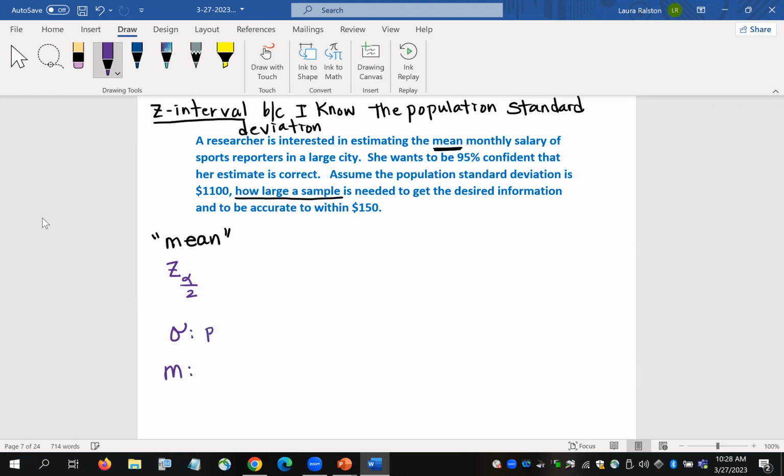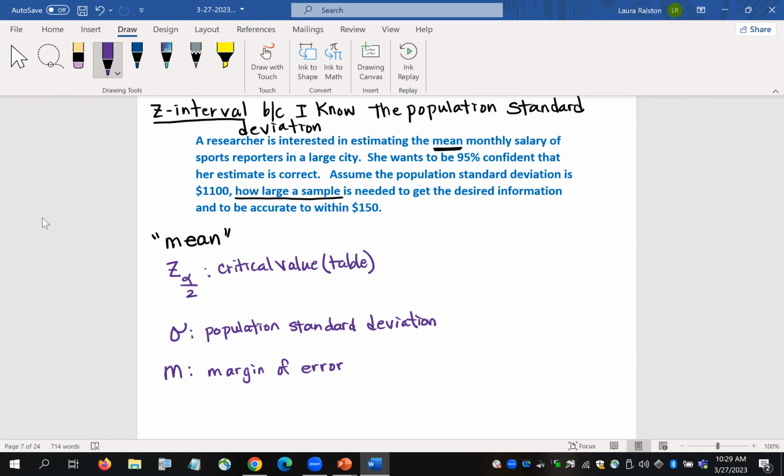Okay, this is your population standard deviation, and M is your margin of error. This is your critical value, and it comes from the table.